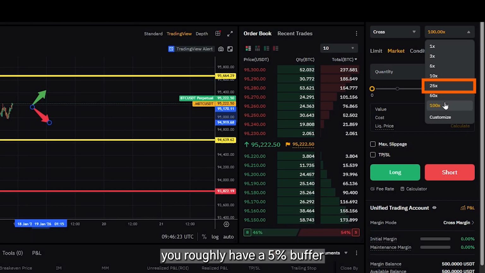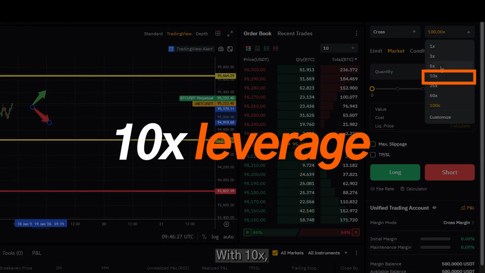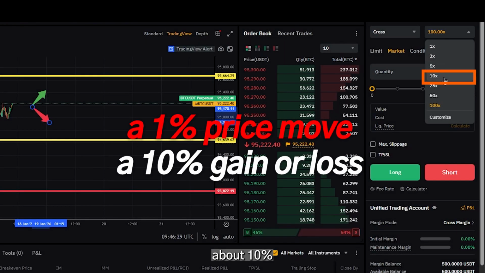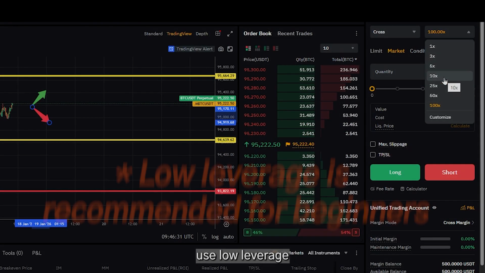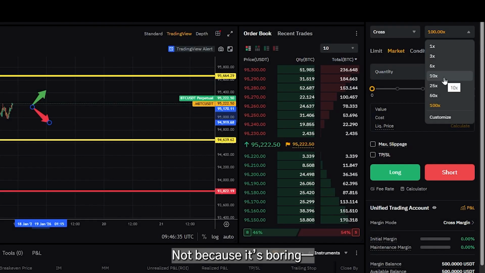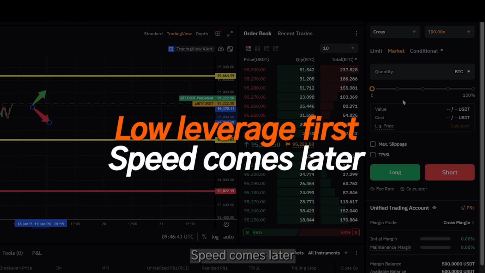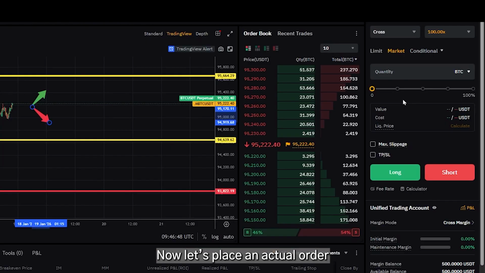With 20 times, you roughly have a 5% buffer. With 10 times, about 10%. If you're a beginner, use low leverage. Not because it's boring, but because survival matters more. Low leverage first. Learn first. Speed comes later.